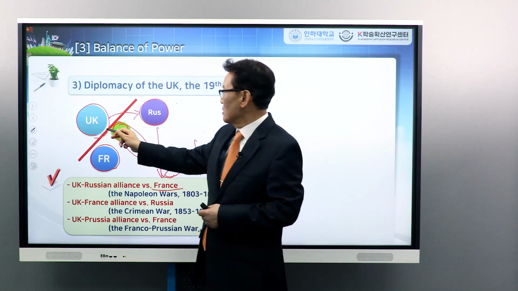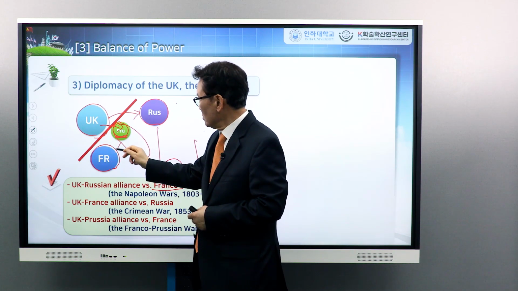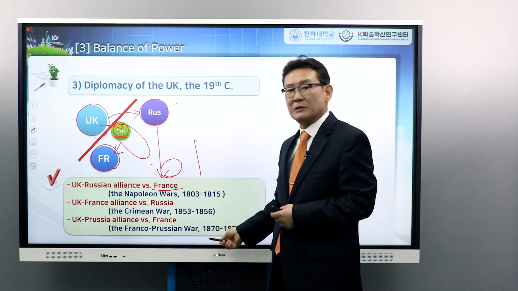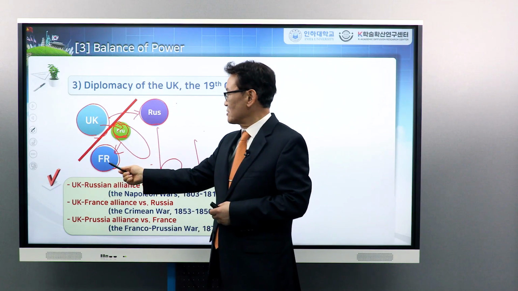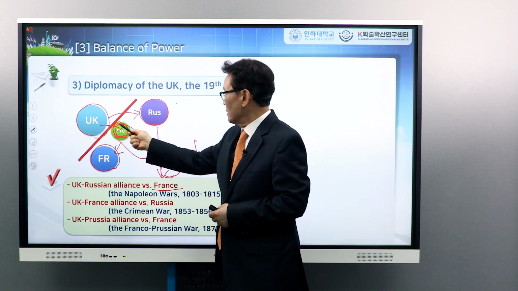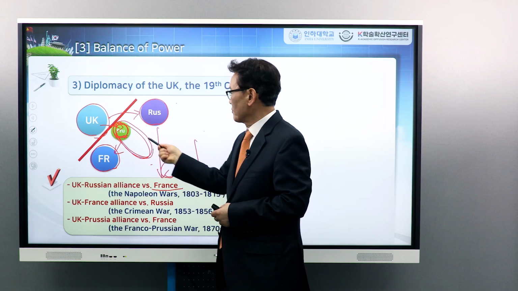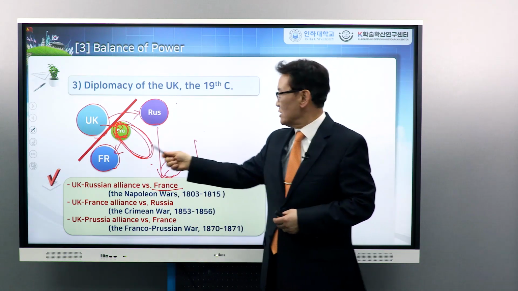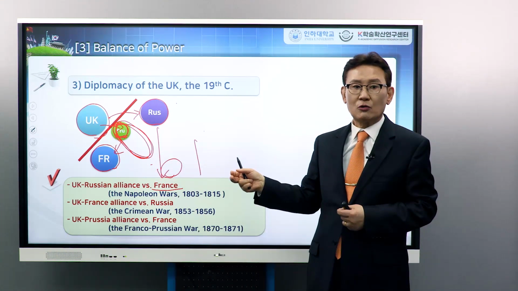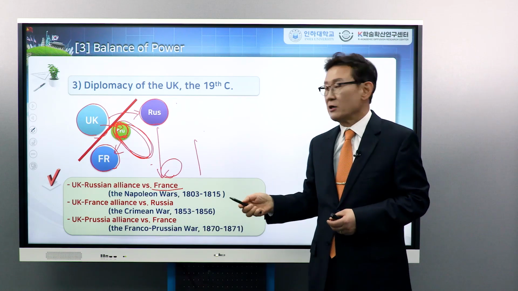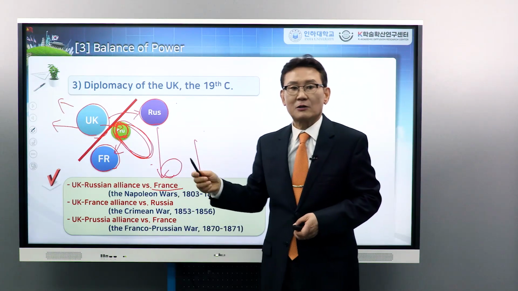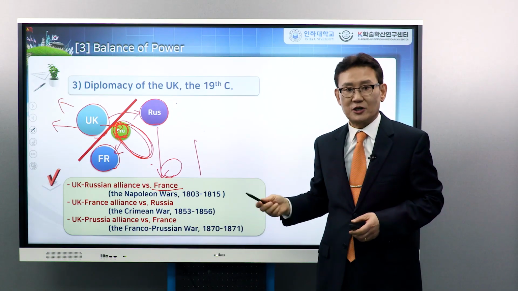So the UK helped Bismarck and had a war against France: the UK-Prussia alliance versus France in the Franco-Prussian War. Finally, the UK defeated France, and Prussia became unified, moved southward and established Germany. It was a buffer zone between France and Russia. So a total equilibrium, a balance of power, was formed in the continent, and the UK went abroad for trade. It was a typical UK diplomacy in the 19th century.